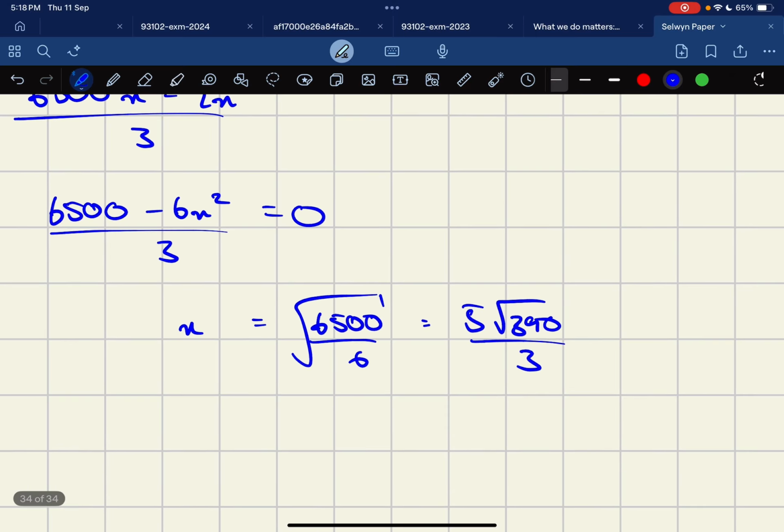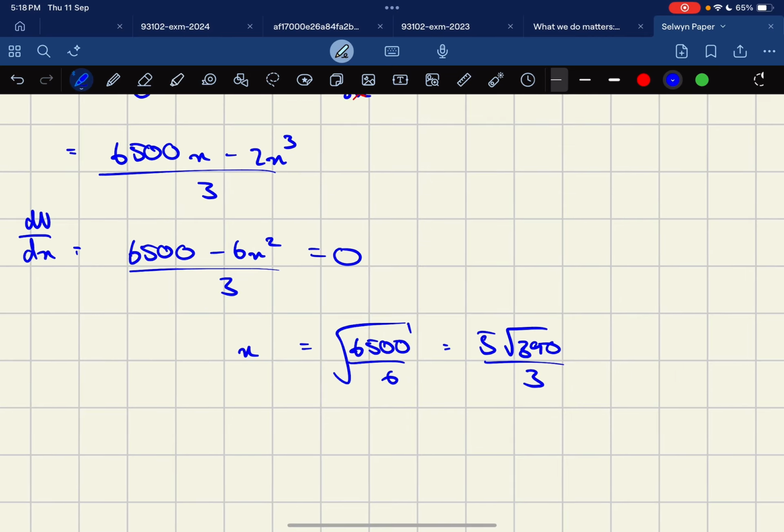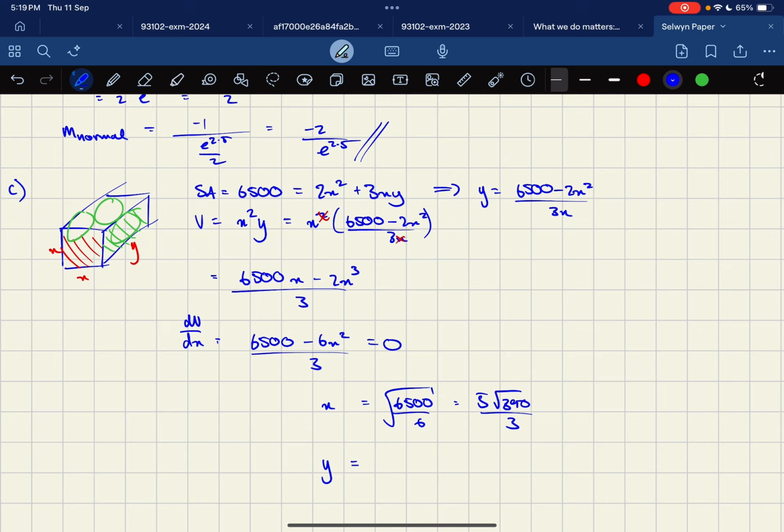You can convert into a decimal. I don't personally like to, but it's okay. And then, once you have this, you then want to solve for the other dimension, y. So you're just going to substitute this value into the y expression, which was up here.